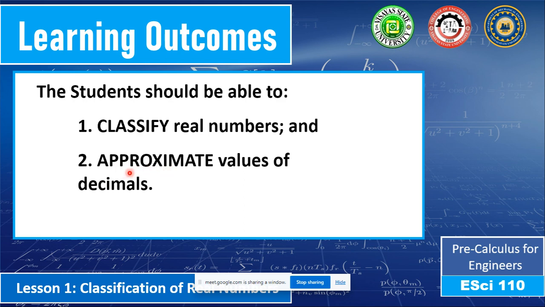It depends on the requirement of your teacher, or instructor, or maybe in the near future your chief. There are several ways or methods on how to approximate those numbers that contain a lot of decimals.